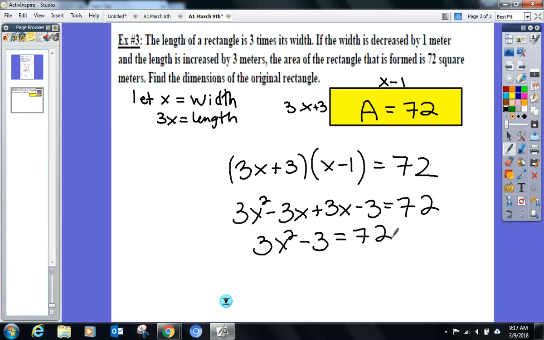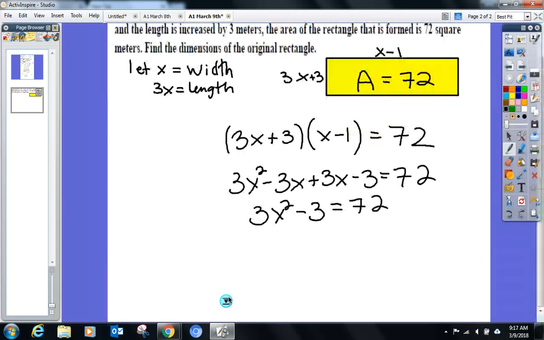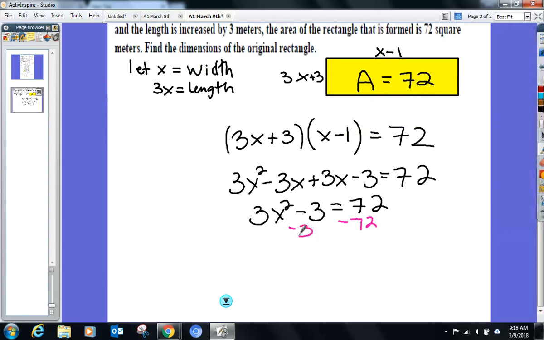Sam, what's up next? Because everything's combined, I'm ready to factor, but I can't yet because I need to get one side equal to 0. Subtract the 72 from everybody, combine it with the negative 3.